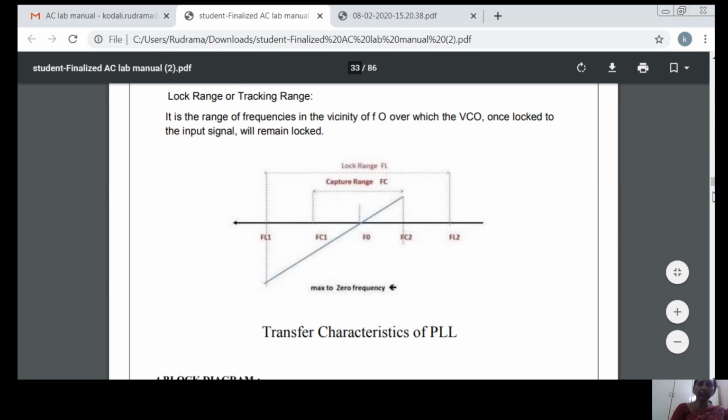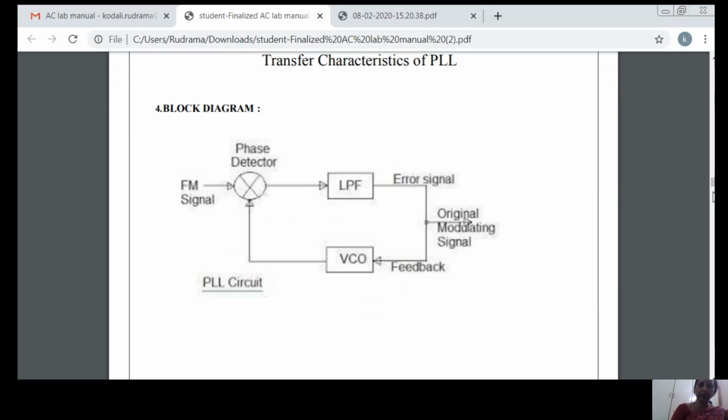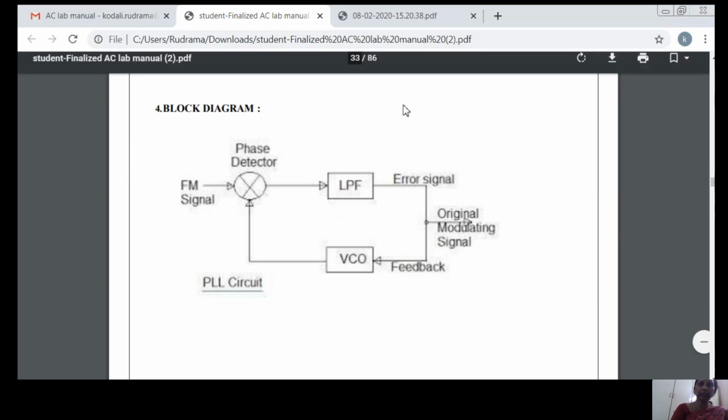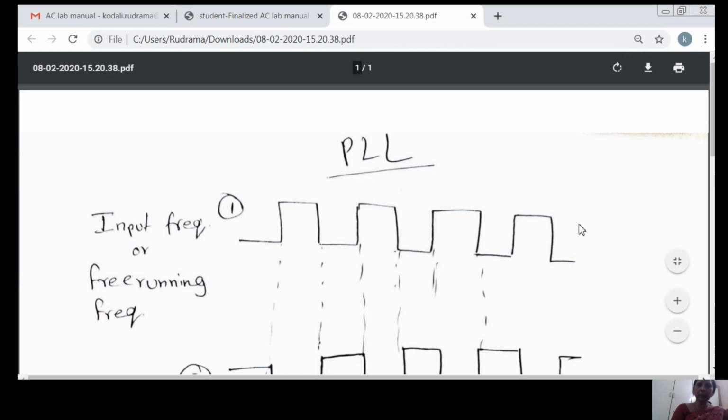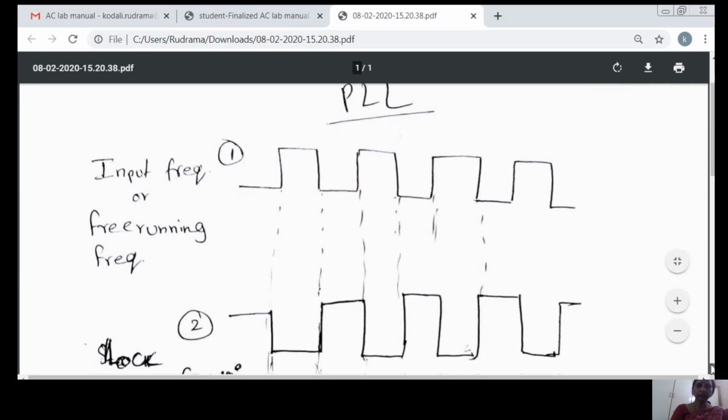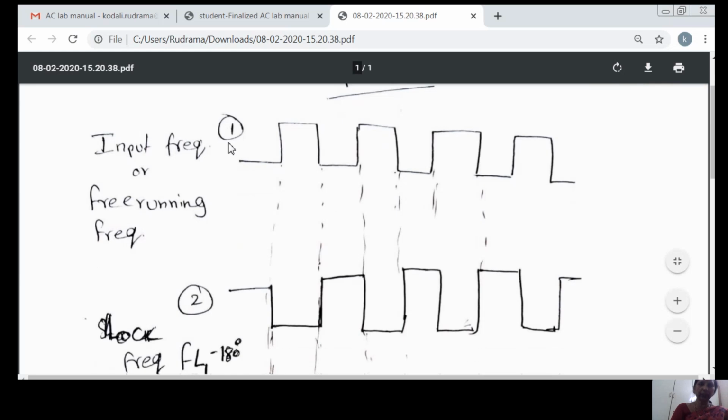Now coming to the capture range. We have to measure the phase detection or phase error. Then you have to check the incoming frequency. This is the signal we have to apply. The first is called the input frequency, and the other is the free running frequency, which is the system frequency.